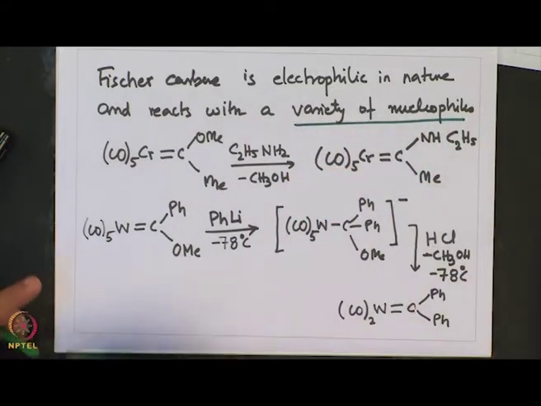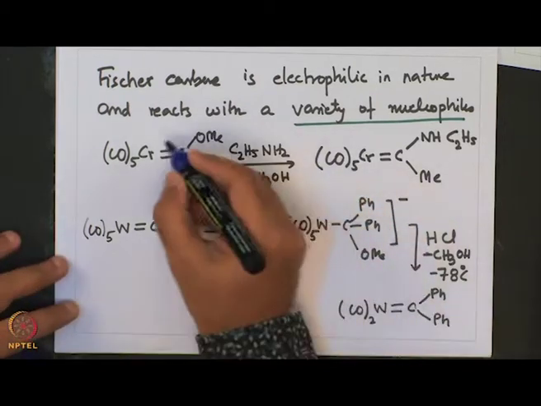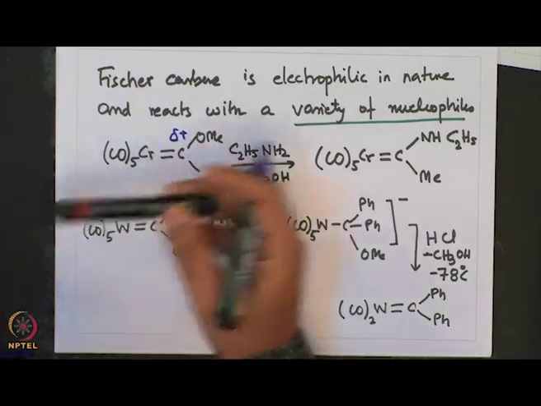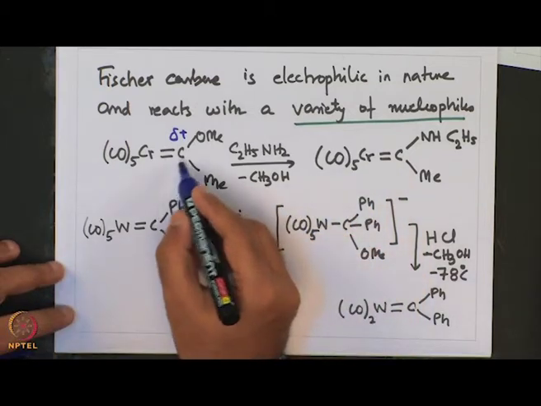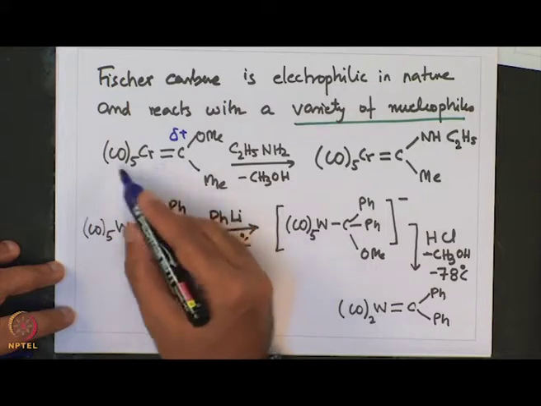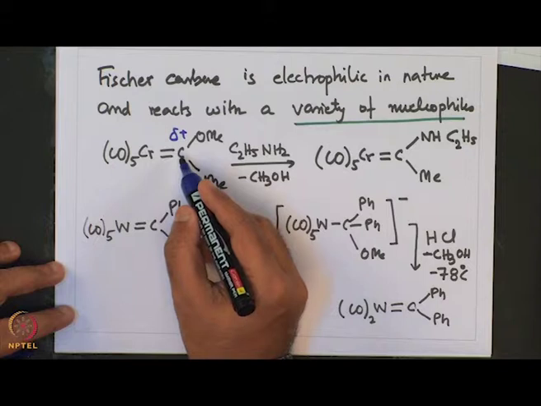Now, what is important to remember here is that the Fischer carbene reacts with a variety of nucleophiles, and that this attack arises from the carbenic center being partially positively charged. That is because the carbene to metal sigma donation cannot be matched by metal to carbene pi back donation.